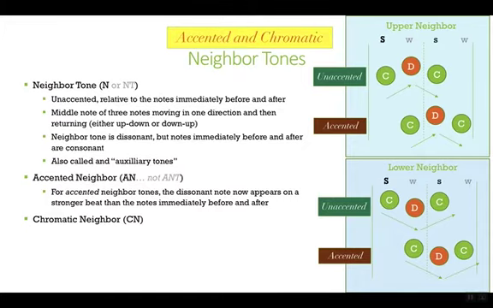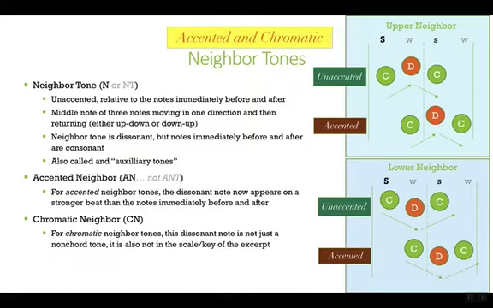And then now for chromatic neighbor tones, it's going to be the same thing as before. The dissonant note isn't just a non-chord tone. It's also not in the key or the scale. So let's imagine that this whole thing is in C major, right? And let's call this a G, an A flat, and a G. The A flat is a chromatic upper neighbor to the G because it's not just a non-chord tone, but it's not even in the key of C major.